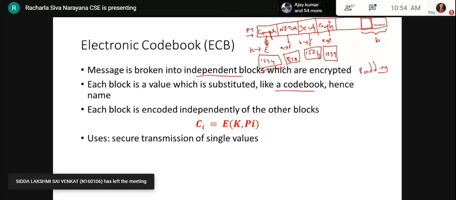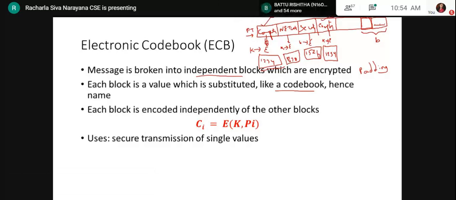So if the plain text blocks have the same sequence of bits, then they will produce the same bits of ciphertext.